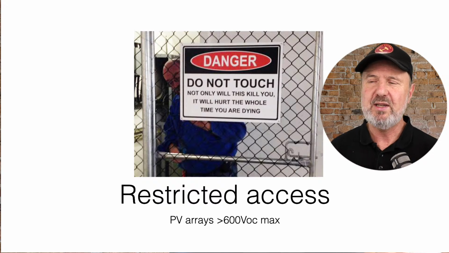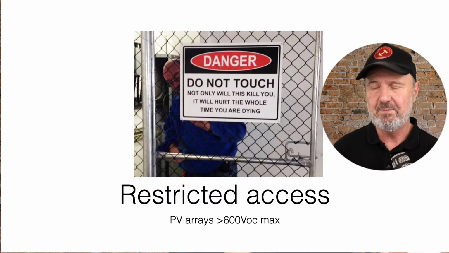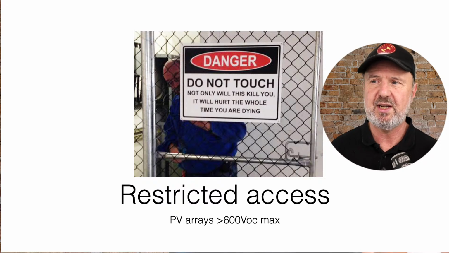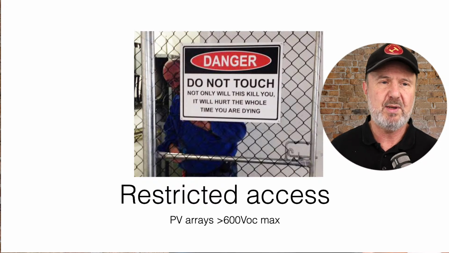So we introduced a more clear definition of restricted access in the 2014 edition, and we pointed out that for systems over 600 volts, restricted access has been required since 2012, but we didn't give a very good definition of restricted.